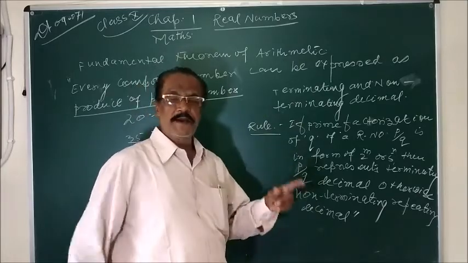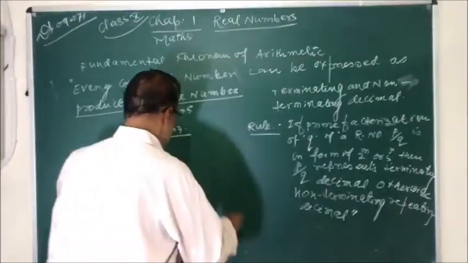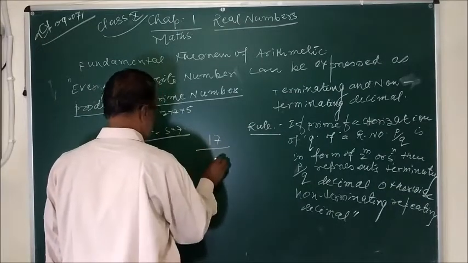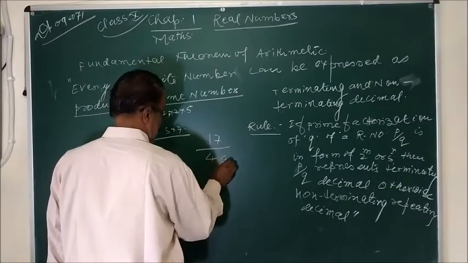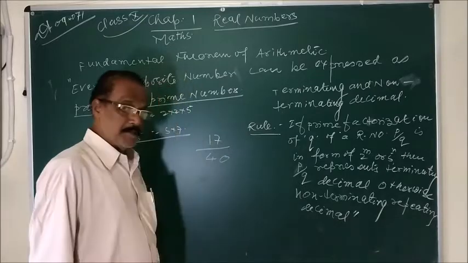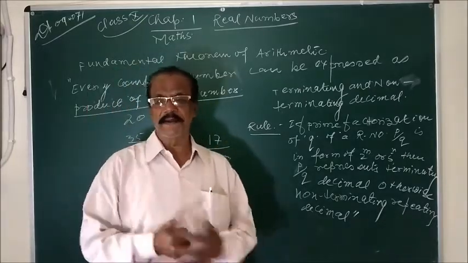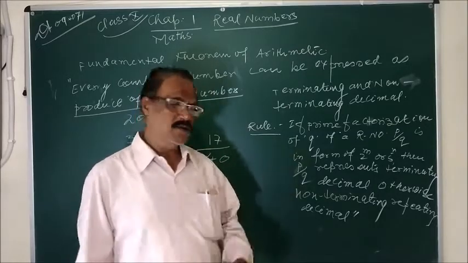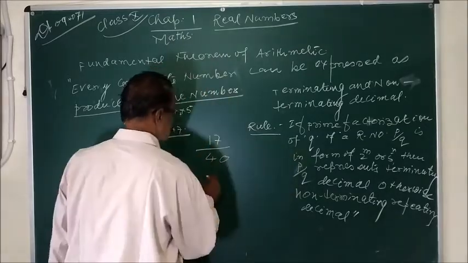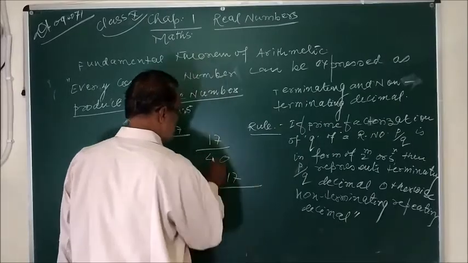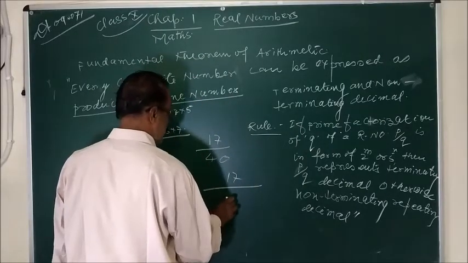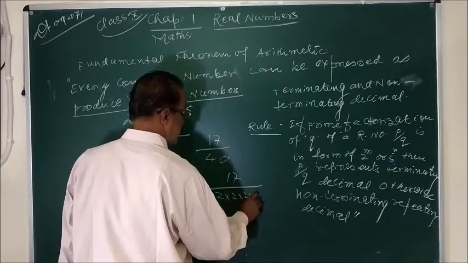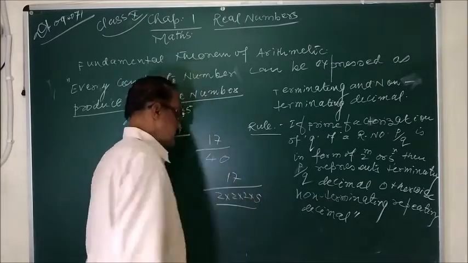Suppose you have 17 upon 40. If I ask you, will this represent terminating or non-terminating? So how can you find out by using the rule? You find the prime factors of the denominator. So the prime factorization of 40 is 2 into 2 into 2 into 5. What do you see here?